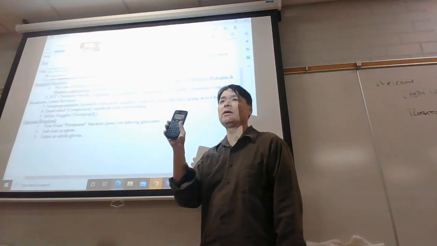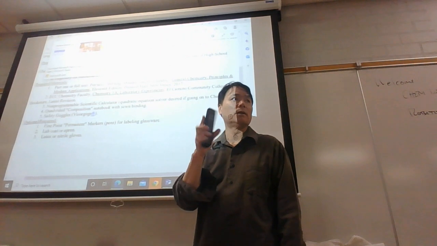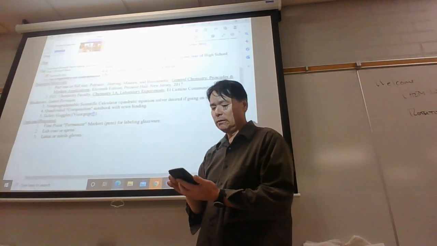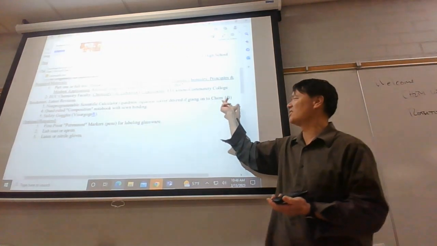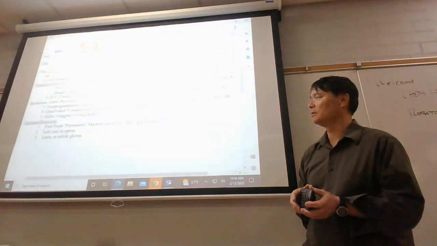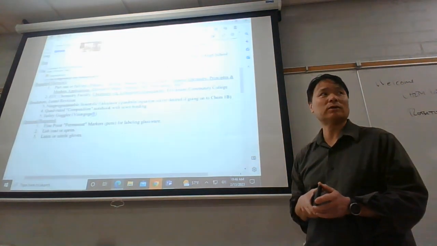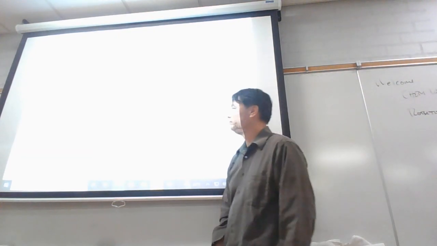It actually solves up to cubic equations, like third order. And that's always a nice thing to have, especially for Chem 1B. In Chem 1B, you have to solve a lot of quadratic formulas, and it gets tiresome to do them by hand with the quadratic formula. So it's nice to have a calculator that does that.